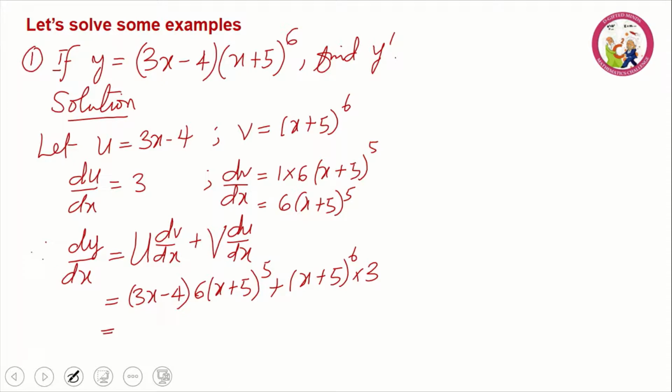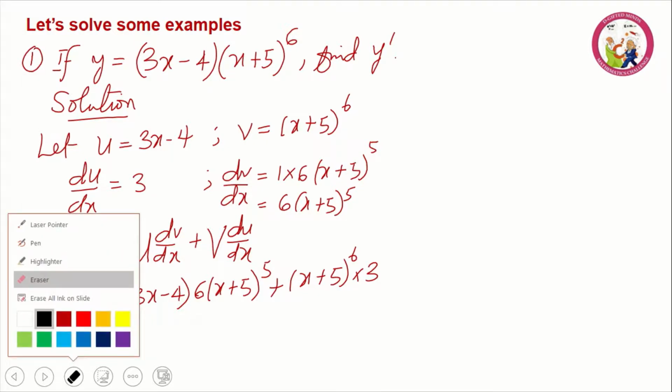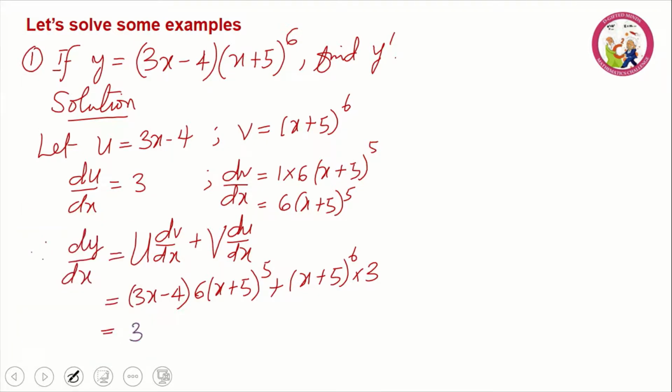Notice we have x plus 5 raised to the power 5 common to both sides of the expression, so we can factor that out. And not just that, 3 is also common. Let's factor out 3. We're factoring out 3 times x plus 5 raised to the power 5.